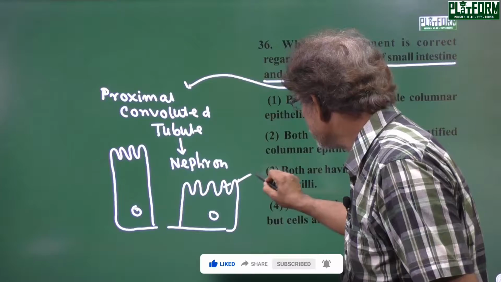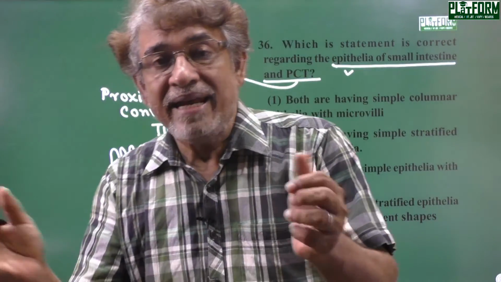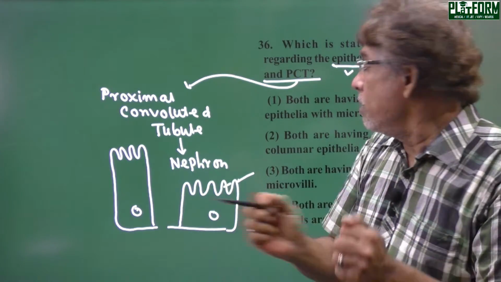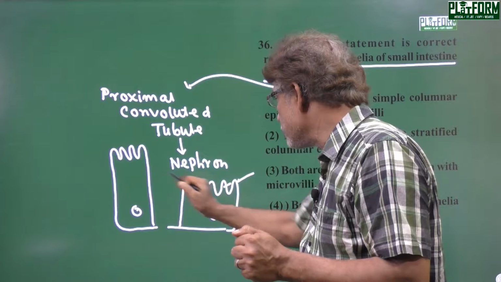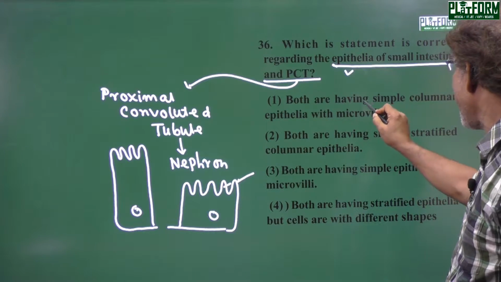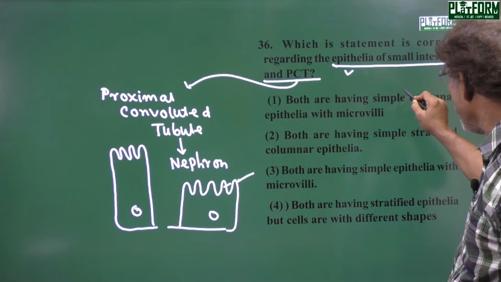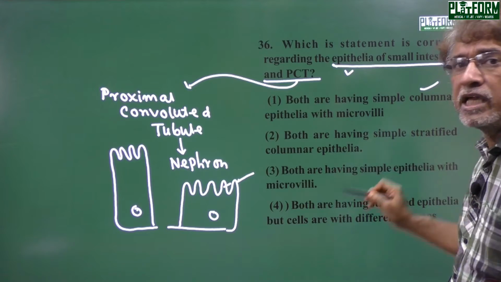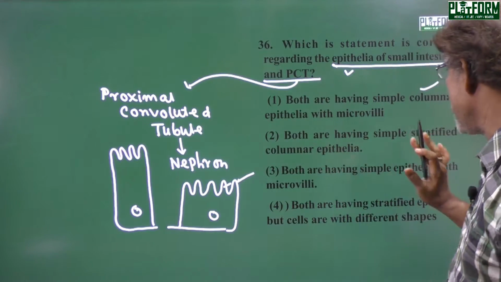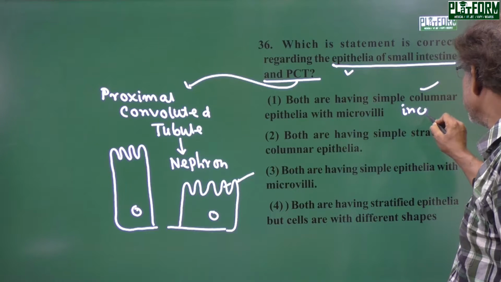These are microvilli. Microvilli increases the surface area and helps in absorption. More absorptive area, more absorption takes place through these cells. Now, your options, both are having simple columnar epithelia with microvilli. Not only columnar epithelia, cuboidal epithelia are also responsible for this purpose. So it is not true, incorrect.